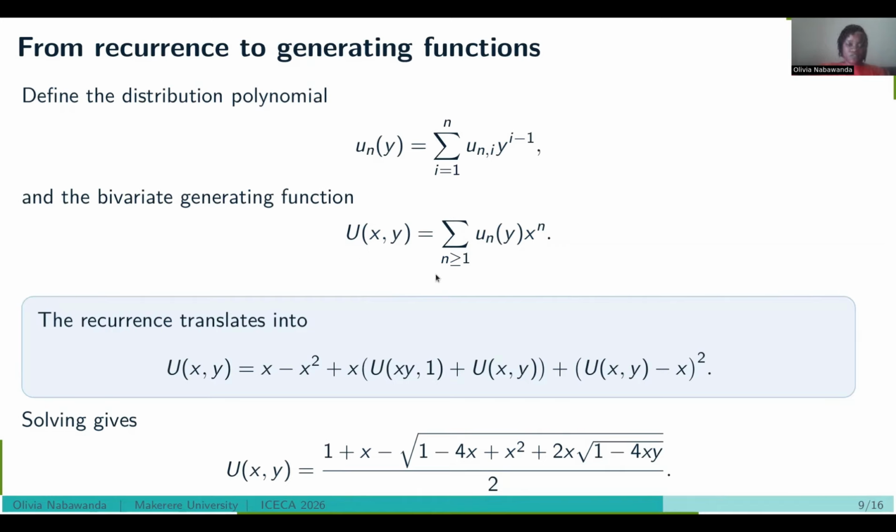And now solving or expanding this translates into an expression, as you can see here, which we solve to give the refined form of our bivariate generating function U(x,y) as this. So this is the form.